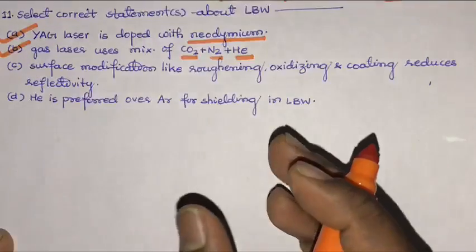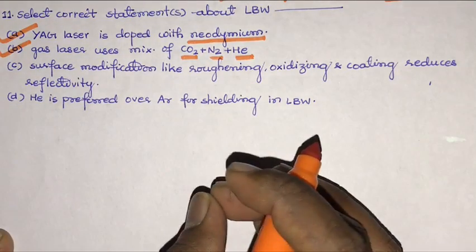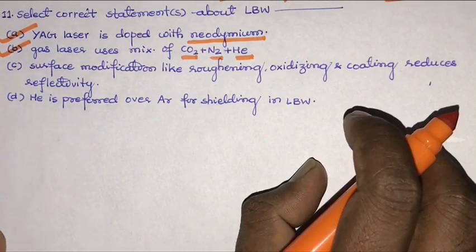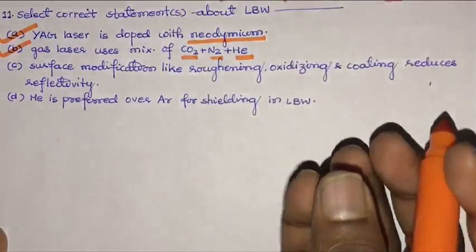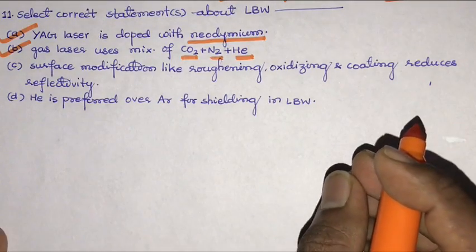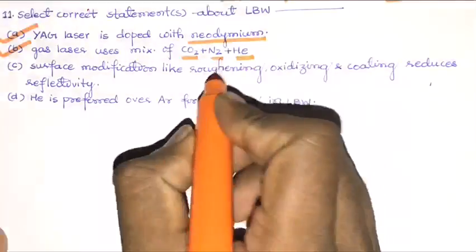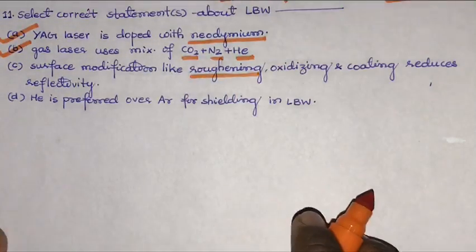About 95% of the CO2 beam power can be reflected by a polished metal surface. So if we want to decrease the reflection of the laser beam, then we have to make the surface rough and hard.